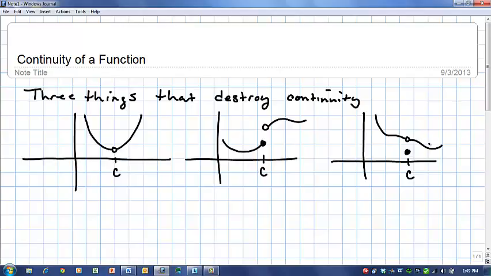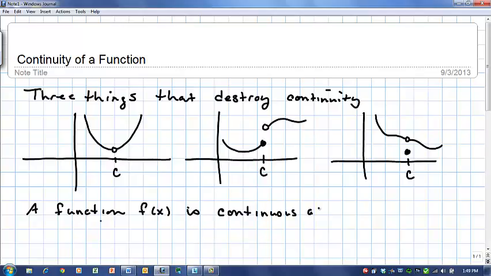Okay, so with these three things in mind, we can actually give a definition of continuity. So a function f, we'll call it f of x, is continuous at a point c if the following three things hold.